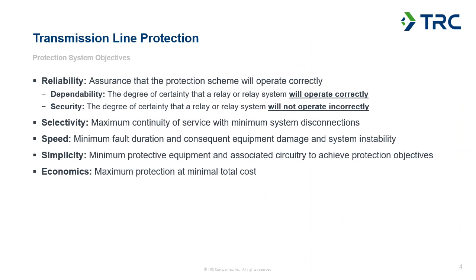So I've provided this slide in the last couple of classes as well, but I think it's important to relate back to these key system objectives: reliability and the balance between security and dependability; the importance of selectivity in making sure your protection is operating for the faults you want it to, and not for faults outside of its zone, so you can maintain as much of the power system as possible after a problem; speed, looking at how fast we can operate for a given fault; and then simplicity and economics.